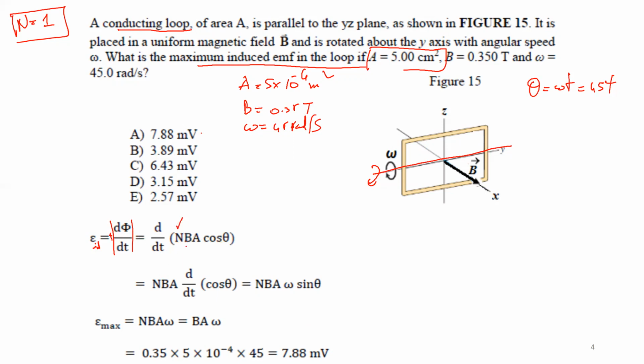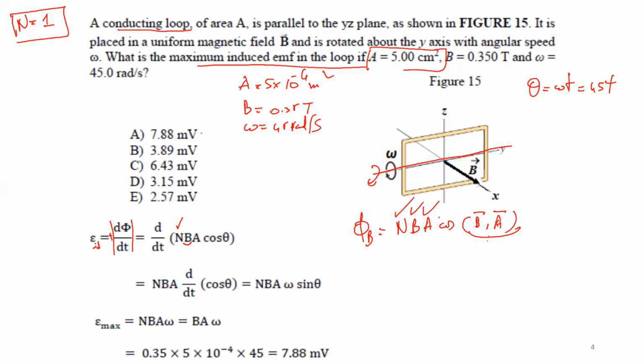B in magnitude is constant, and in direction also. A in magnitude is constant. What is varying here is theta, the angle between B and A.